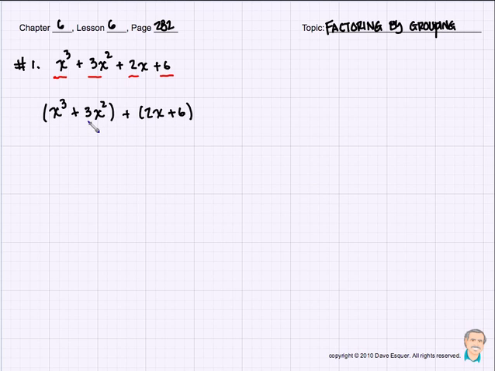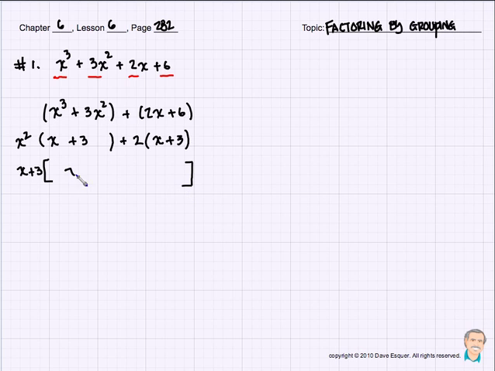If we stare at x cubed plus 3x squared, we can see that we can factor out an x squared from those two, which leaves us with an x plus 3. If we look at the second terms, here we have a 2 we can factor out, which leaves us with an x plus 3. And lo and behold, we can remove the x plus 3 as the factor.